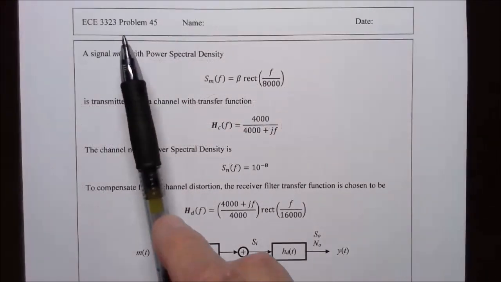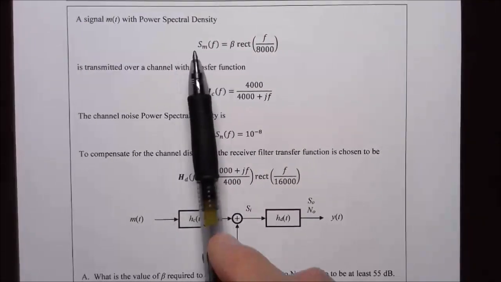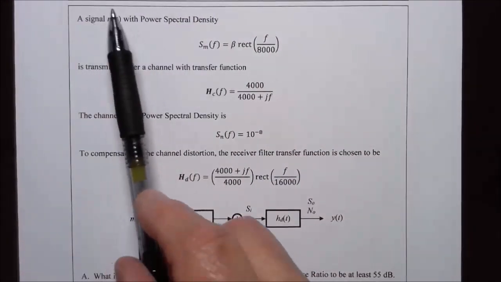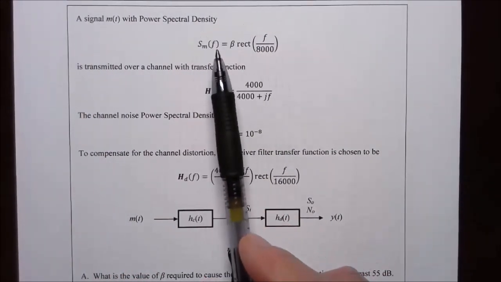Now let's look at problem number 45. We've got a random signal m of t that we have described with its power spectral density.